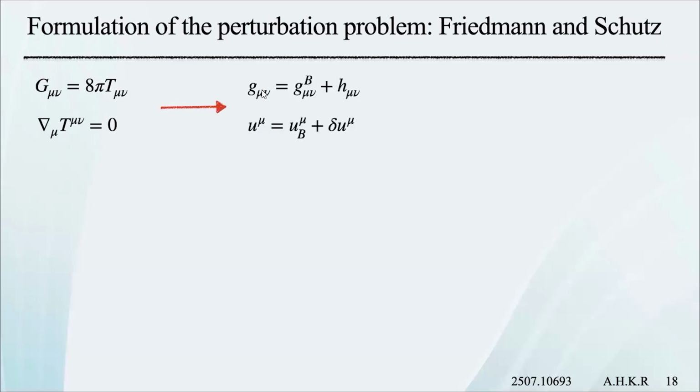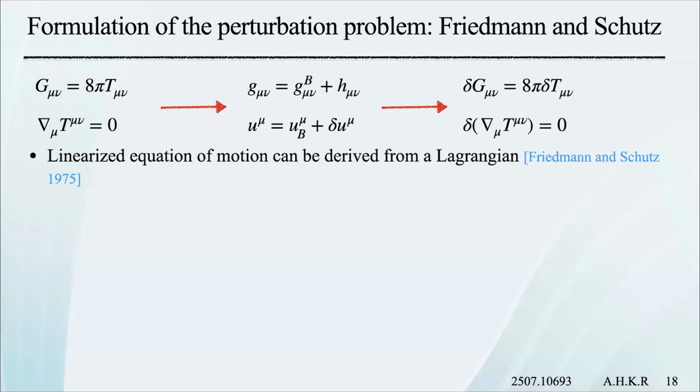You decompose the metric into the background metric plus this perturbation. The background metric is the TOV solutions, the Tolman-Oppenheimer-Volkoff solutions. You linearize the Einstein and stress-energy conservation equations, and then you have to solve the linearized equations. There are a lot of techniques to solve them, but the approach by Friedman and Schutz is very transparent.